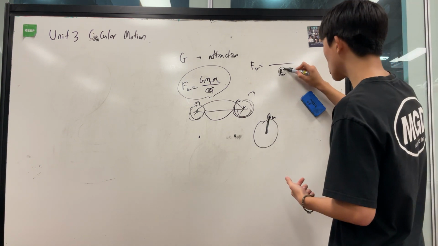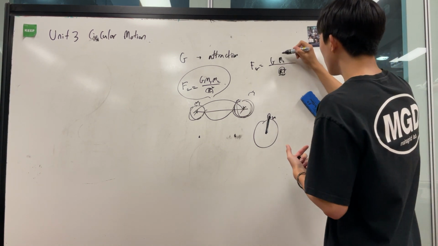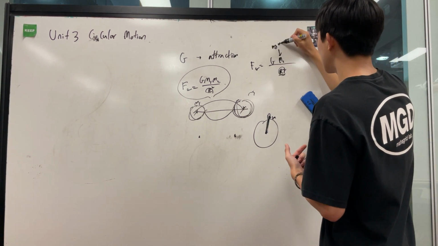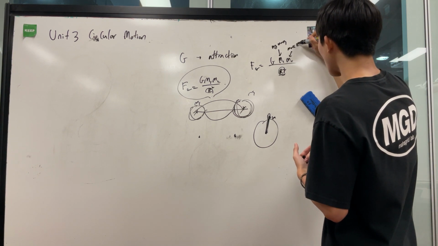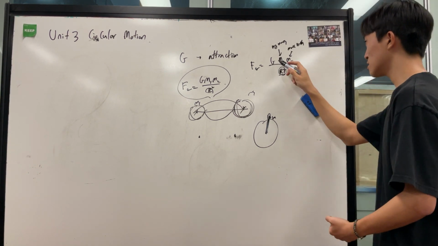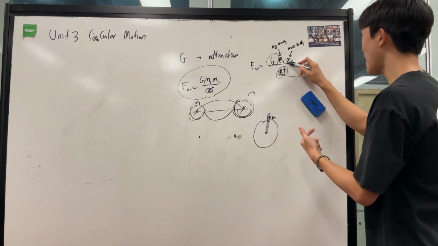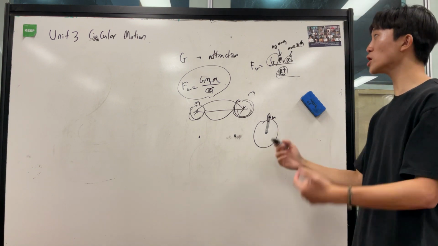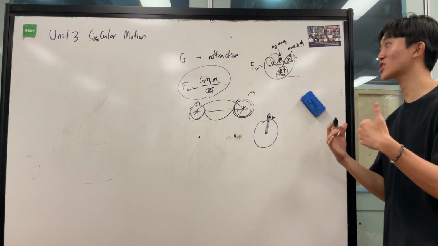So basically this r would be radius of the Earth, G is a constant, m1 would be my mass, and m2 would be the mass of Earth. Now what's interesting is G is a constant, r is the radius of the Earth, which is constant, m2 is the mass of the Earth, which is also constant. Everything except my own mass is constant.